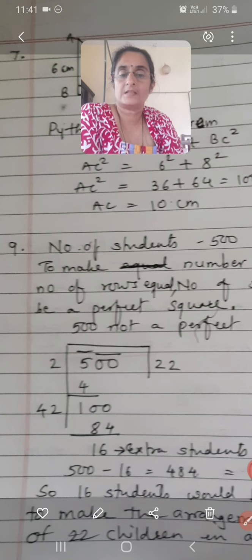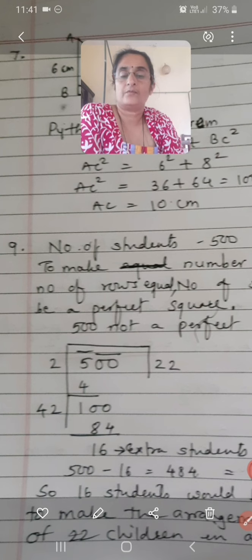You have to take the next group down. So after subtraction, 1 is remaining. In front of that you take the next two zeros. It will be 100 now. Now take 2's double, that is 4, to the left hand side. And you have to multiply by the number which gives a product below 100.